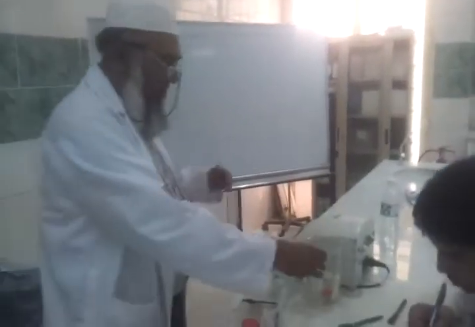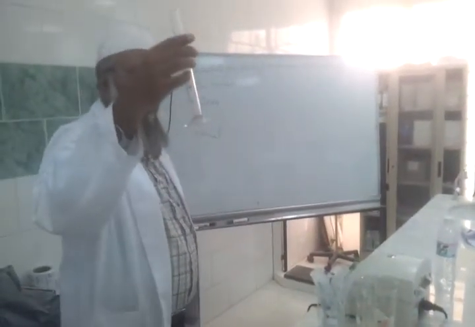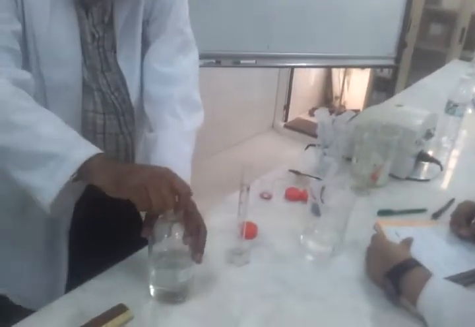You see the color of the solution becomes pink, acidic. Now in the third step, we will take a cylinder, and in this cylinder we will take a known volume of this sodium hydroxide.